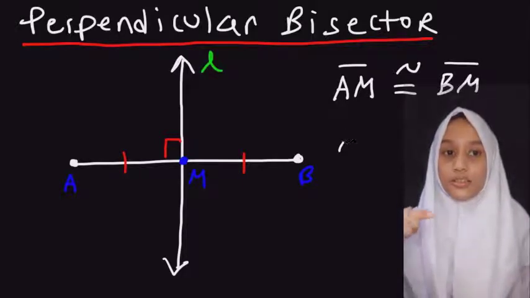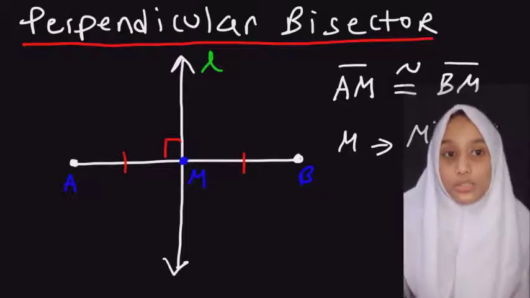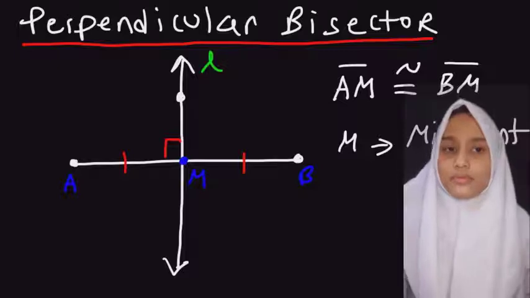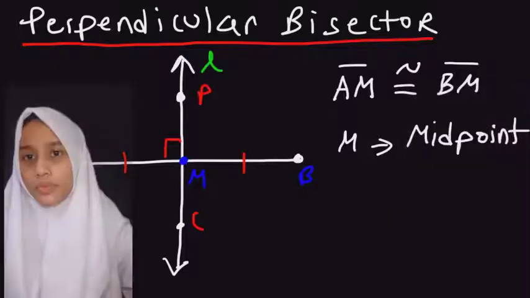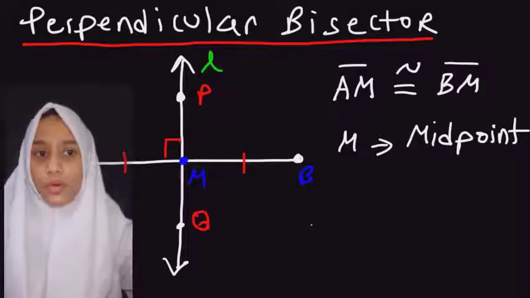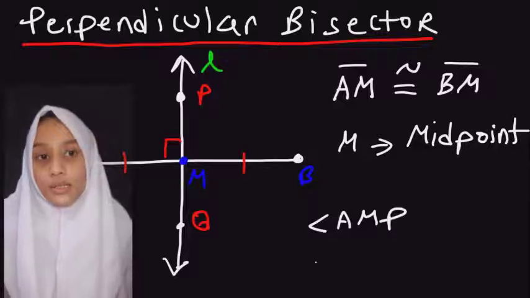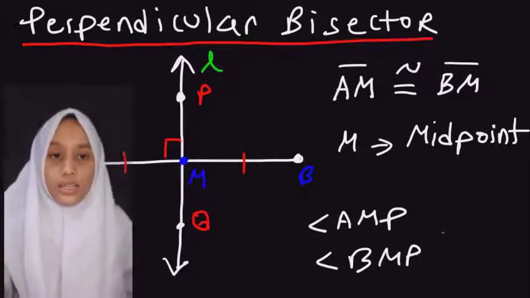You can also say that M is the midpoint, and you could also say that, at some point here, let's call this point P and point Q, angle AMP and angle BMP are right angles.